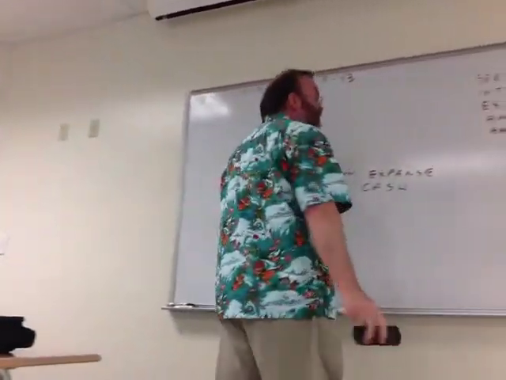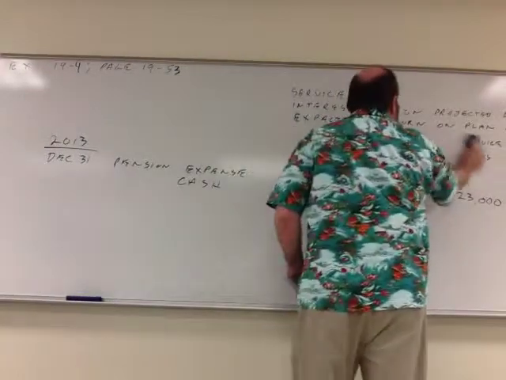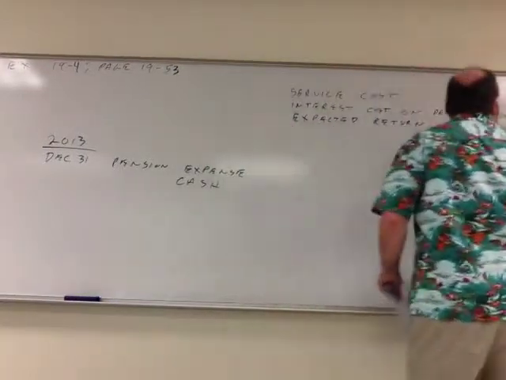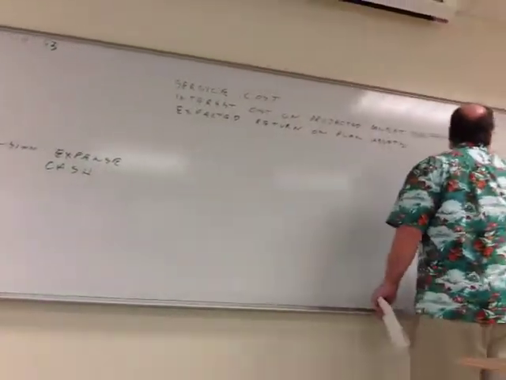And then it tells us what the plan asset balance was, as well as the expected long-term rate of return on those assets. There are no other components. And lastly, it tells us how much cash they're willing to contribute to that plan for 2013. So we don't have any of this amortization for this particular one.